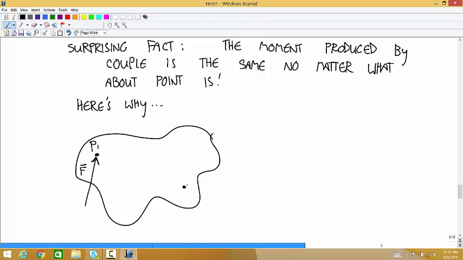And over here, there's a force vector negative F, and I'll call this point P2. And then I'm going to choose an about point, but what we're going to see is that when we calculate the moment produced by the sum of these two forces, any reference to A drops out of the calculation. It's not important in the calculation.